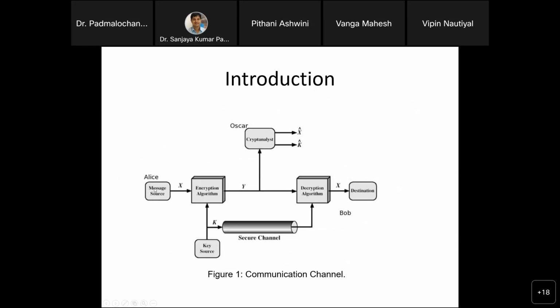So this is the model. You have a message X, and you apply an encryption algorithm using a key K to generate the ciphertext Y. This key can also be generated by a trusted third party, and shared with source and destination through a secure channel.